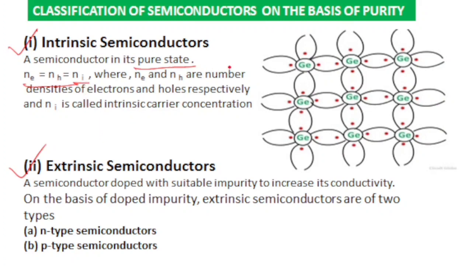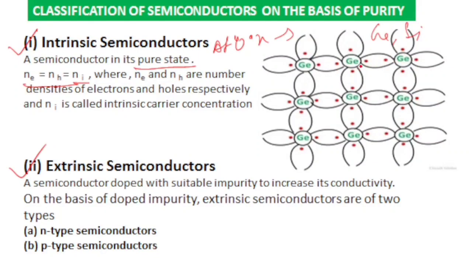Actually, an intrinsic semiconductor at 0 degree Kelvin behaves like an insulator. But when we increase the temperature, there are some thermally generated electron-hole pairs, and hence it conducts current. Germanium and silicon, all these are intrinsic semiconductors. It has 4 electrons in the outermost shell, which are covalently bonded with the neighboring semiconductor atoms.